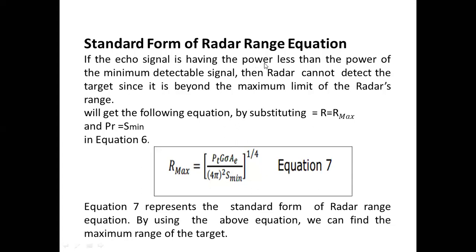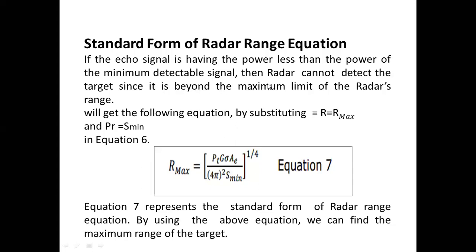Even though the power is very less, if we can detect the target using this power, then that power you can call the minimum detectable signal. Suppose the radar cannot detect the target: if you are getting some less power and by using it you are not getting any target, that means it is beyond the maximum limit of the radar range.